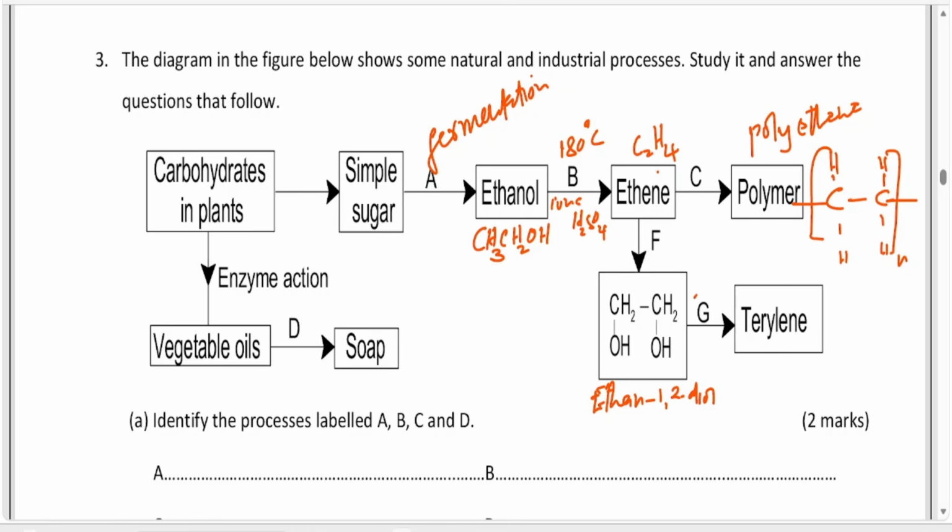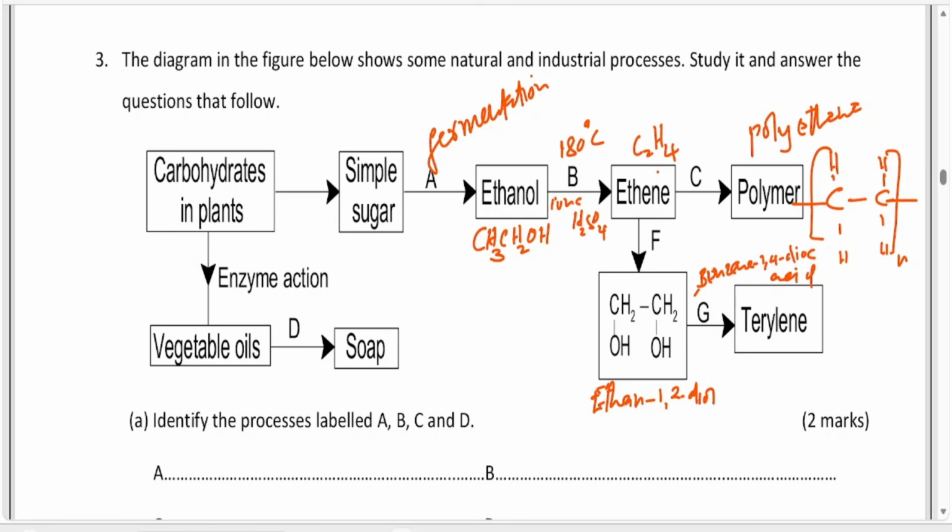This one is what we call benzene 1,4-dioic acid.